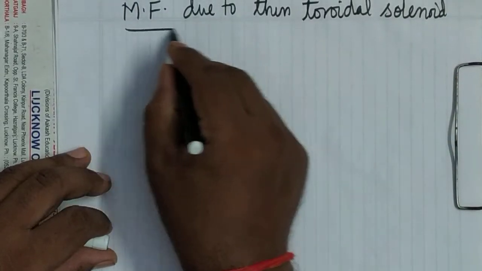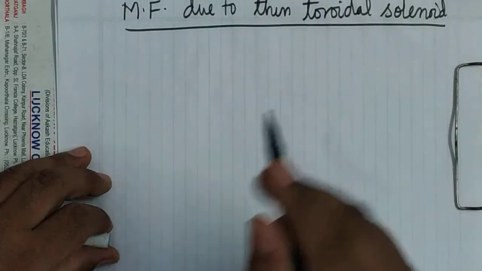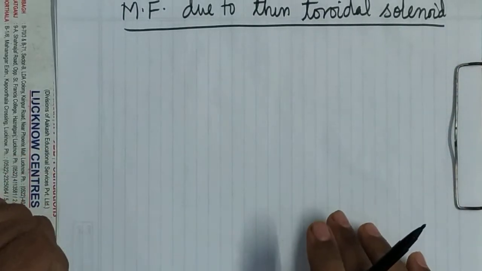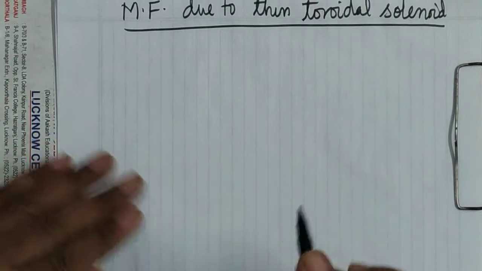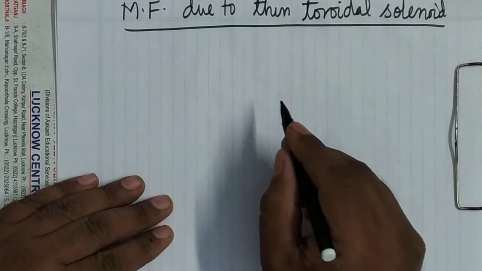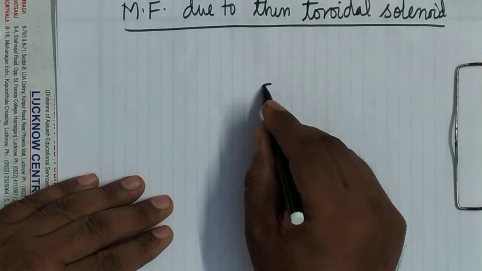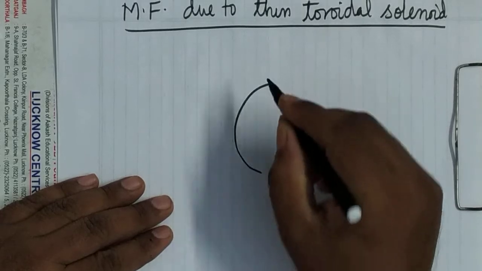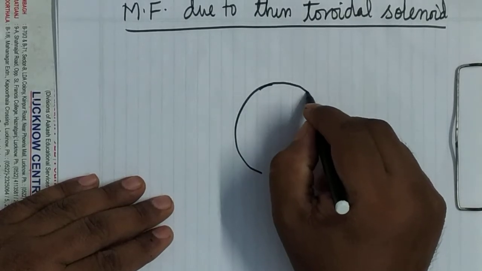We have taken a thin toroidal solenoid situated on the plane of paper. So here I am trying to make these circles.